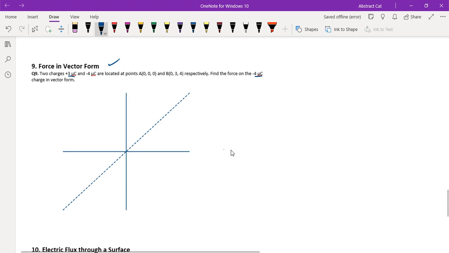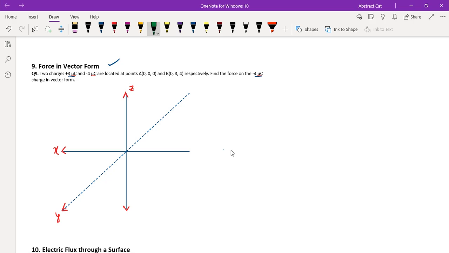Suppose this is x, this is y, and this is z, with plus and minus directions.